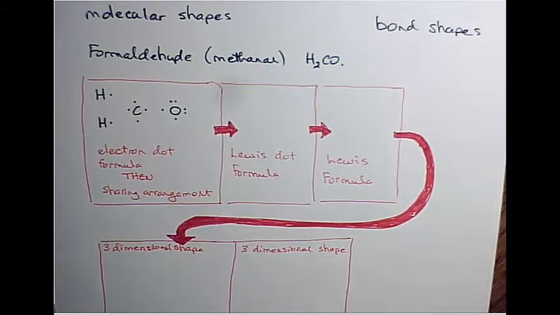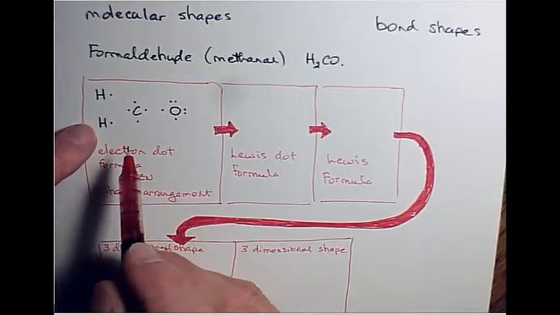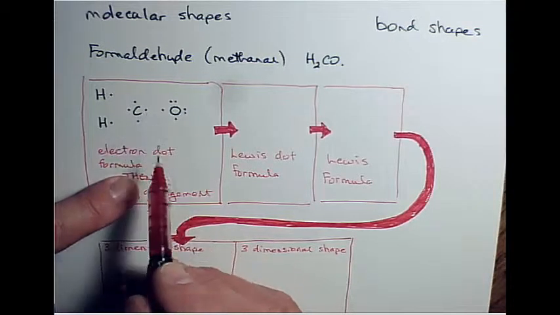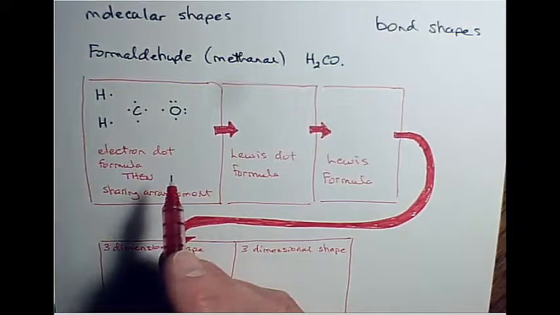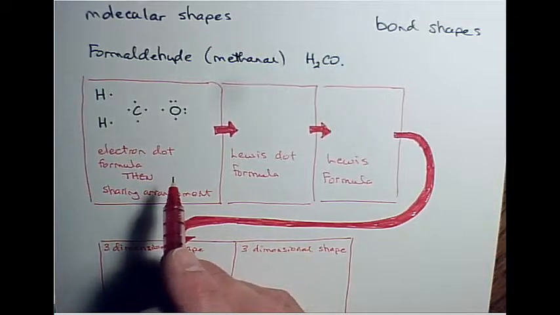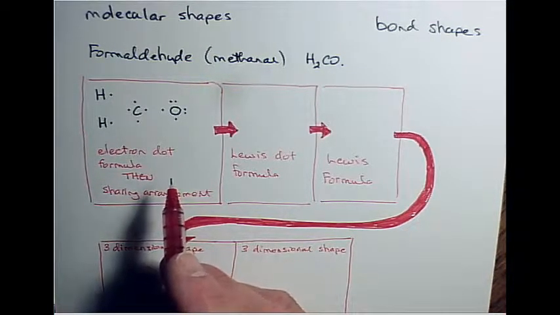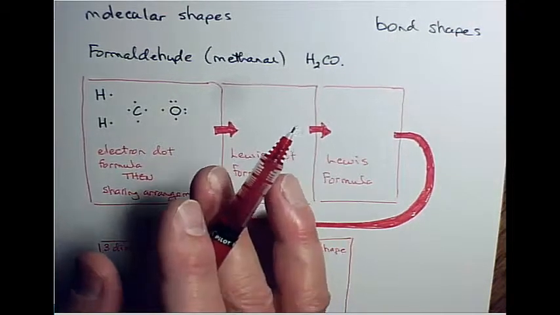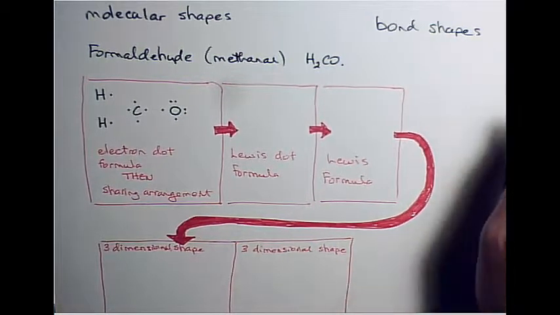All right, these are the electron dot formulas here. To get the sharing arrangement, we're going to share electrons in such a way that carbon and oxygen can have 8 electrons when we're done, and the hydrogens can have 2.